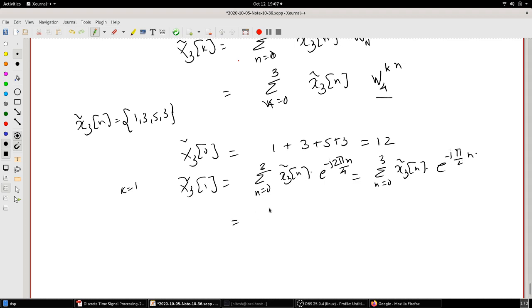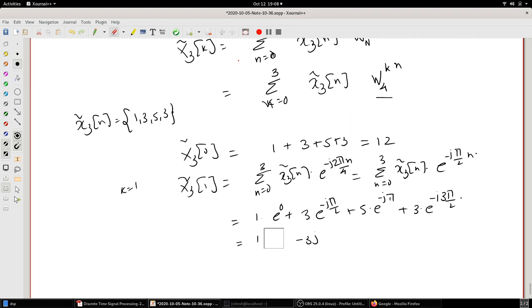So this is 1 into e raised to 0 plus 3 into e raised to minus j pi by 2 plus 5 into e raised to minus j pi plus 3 into e raised to minus j 3 pi by 2. So you have 1 plus, since e raised to minus j pi by 2 is minus j, minus 3j.